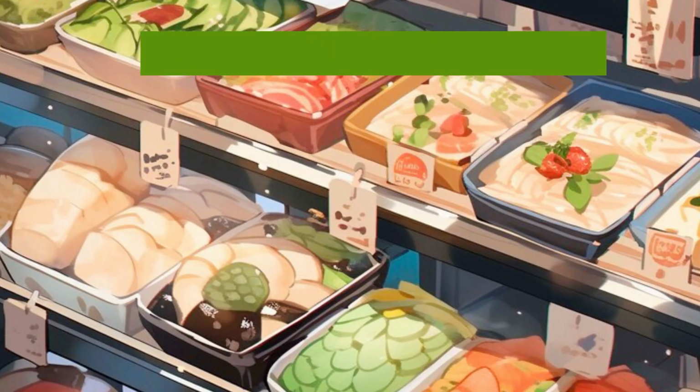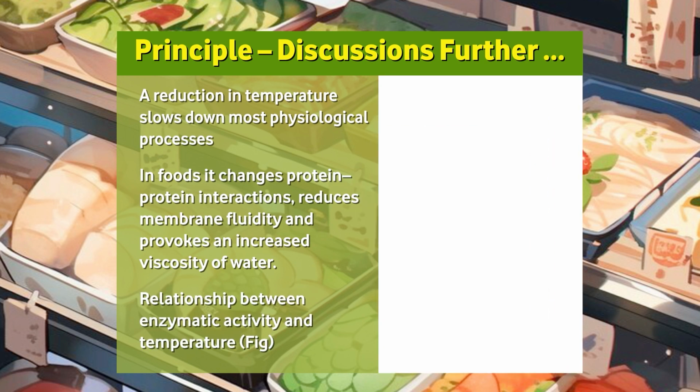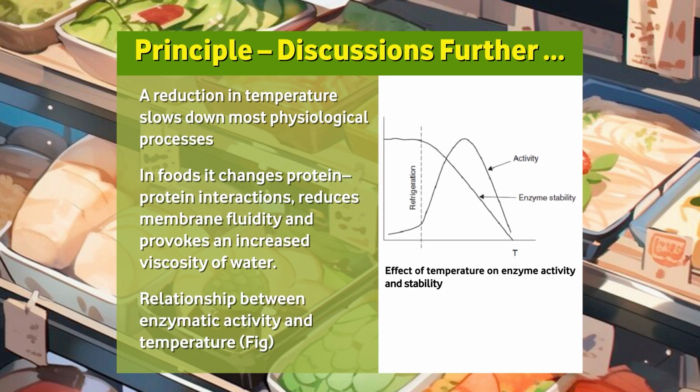Now, how does reduction in temperature affect enzyme activity? The figure indicates that if we keep our product in the refrigeration zone or at a lower temperature, which we will discuss a little later, considering a normal refrigerated temperature that even a domestic refrigerator can give, enzyme activity and enzyme stability are both depicted here.